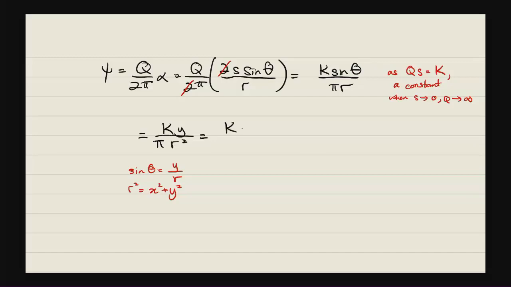So I'm going to get Ky over pi times x squared plus y squared, and that is going to be equal to some constant, some constant c, which I'm just going to call that.